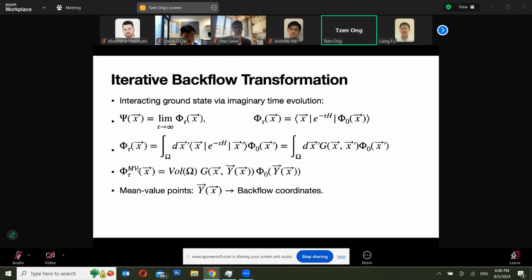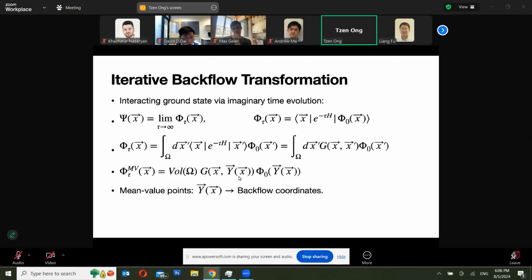And then one simple way of solving this is to use a mean value theorem. So you assume that omega is some convex domain, and then over a convex domain, you can always find the center of mass of the integrand, and this is how you get a generalized backflow coordinate.